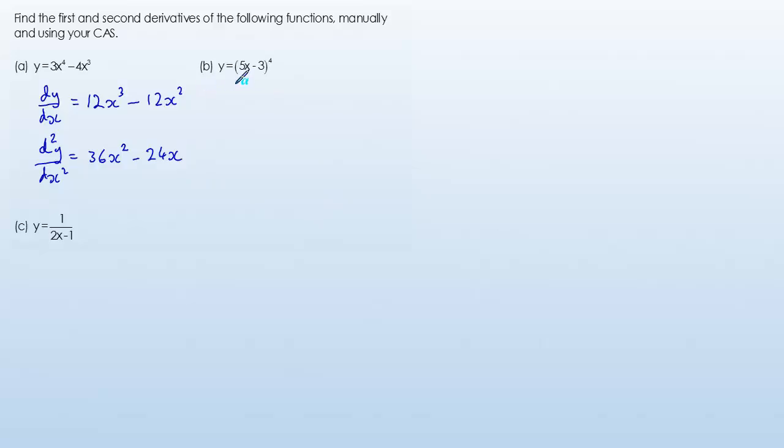Now if we look at b, we're going to have to use the chain rule here. So dy/dx is going to be 4(5x minus 3) cubed, and then multiply by the differential of the inside, which in this case is 5. So that's going to be 20(5x minus 3) cubed.